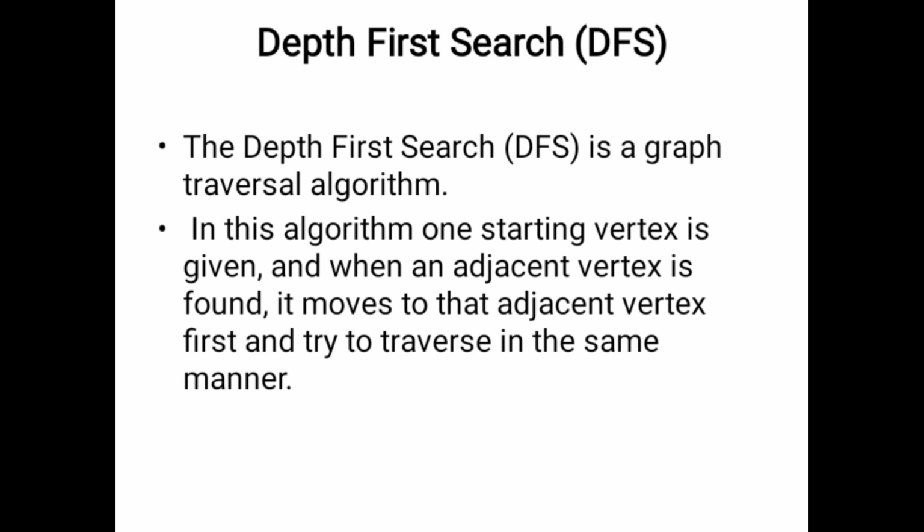The search continues deeper and deeper in the graph until no vertex is adjacent or all the vertices are visited. Then the search resumes from the last vertex which still has unvisited neighbors, and this process is repeated till all the nodes are visited.